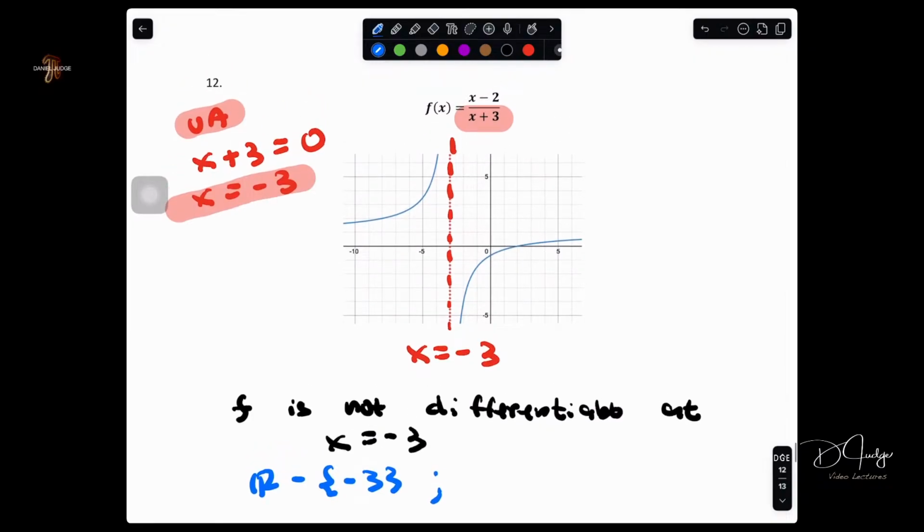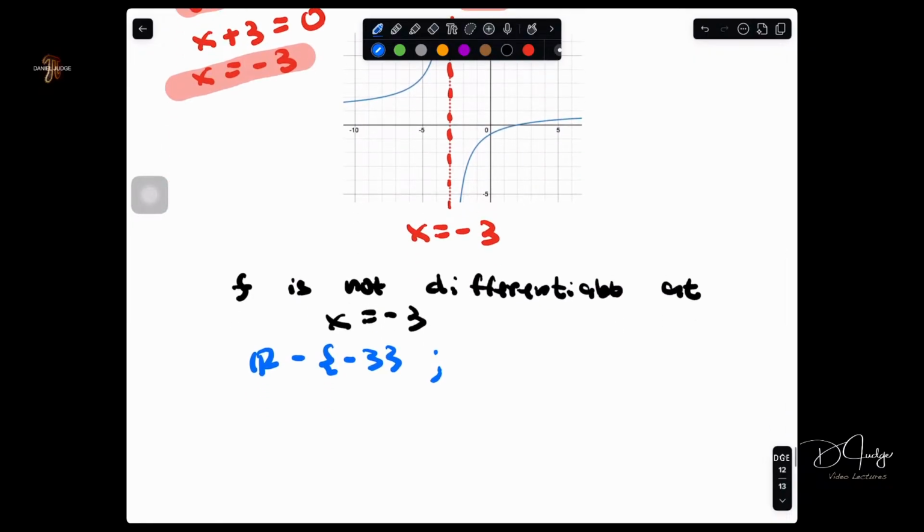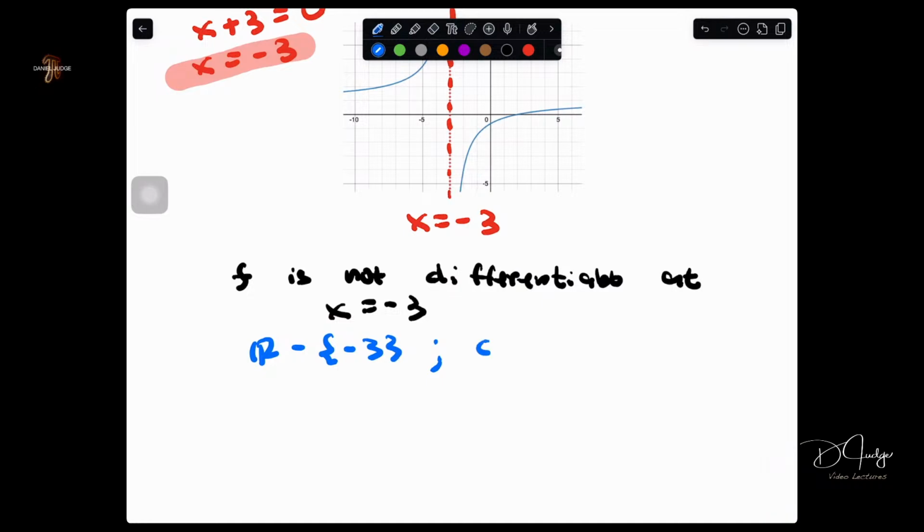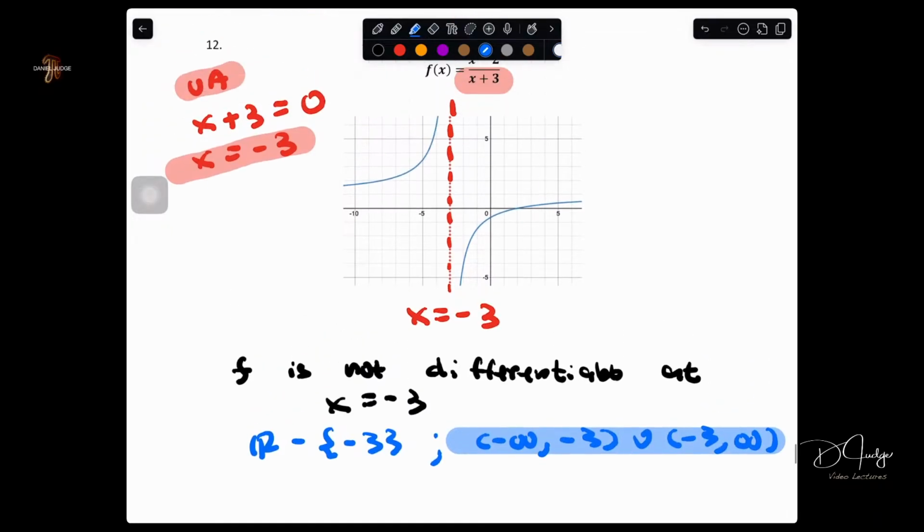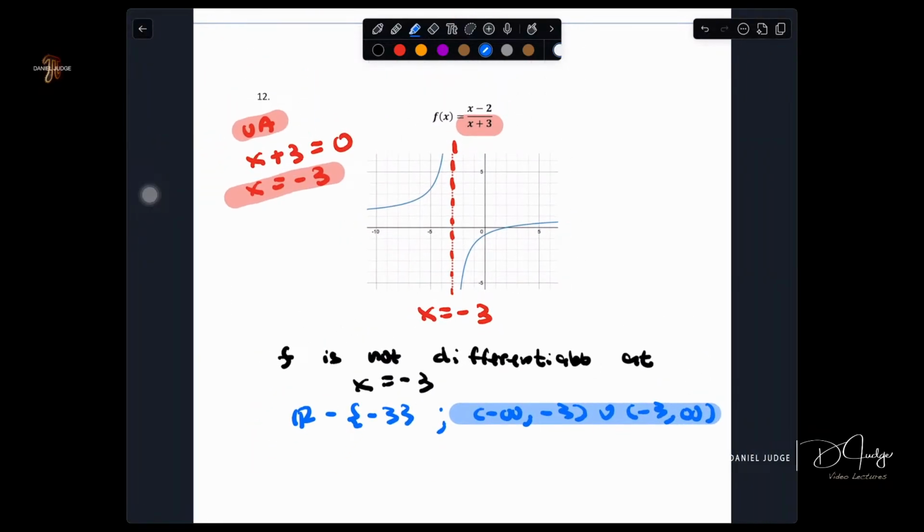Because it's smooth everywhere else, it's nice and smooth, meaning it's differentiable. So this is going to be the interval negative infinity up to negative 3 union negative 3 up to infinity. This is the interval for which the function is, in fact, differentiable. Everywhere except at its vertical asymptote.